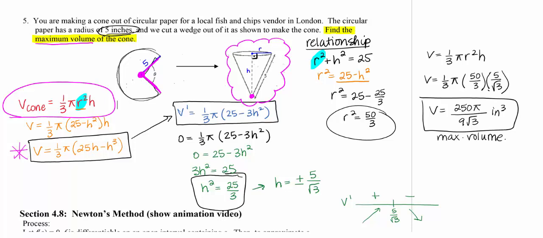For example, if you wrote the volume and it only had one variable in and one variable out, you don't need a relationship because you already have single variable calculus, so you can just find the derivative and set it equal to 0 to maximize or minimize. But for many of our problems, we are in multi-dimensions or we have multi-variables in there, so we have to write that relationship so that we can then go back to single variable.